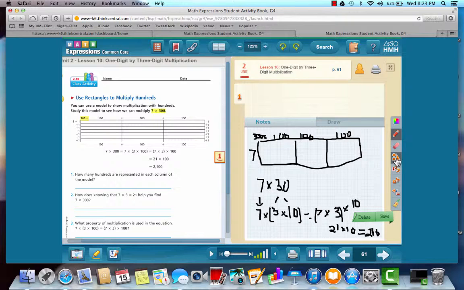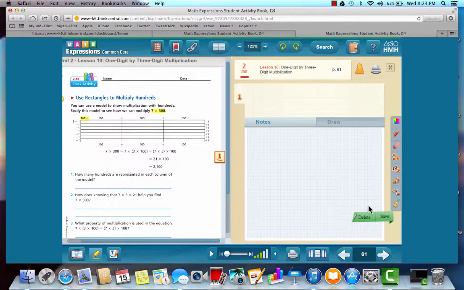Now we're looking at, I know, really scary, having 2 zeros to multiply. But if you think of it in that same manner, and we are saying 7 times 300, they're going to break that 300 up into, what can you break 300 up into?